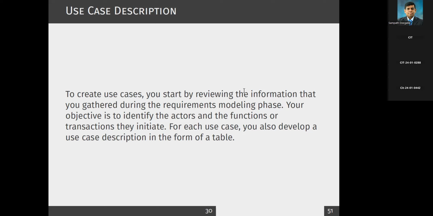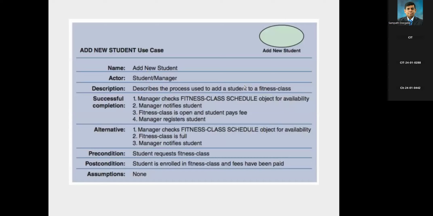For each use case, you have to have what we call a use case description, and you can form something like a table like this. In this particular example, we are looking at the add new student use case, and this is the use case description.